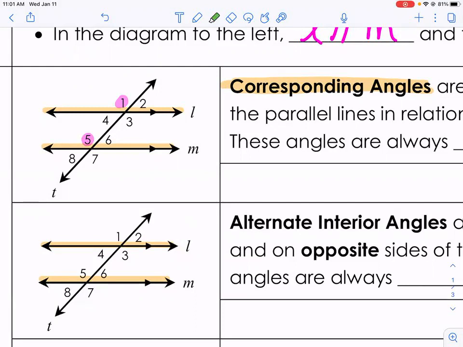Grab your third highlighter. Okay. Jada, pick another angle. 7. I love it. Highlight angle 7 in that third color.